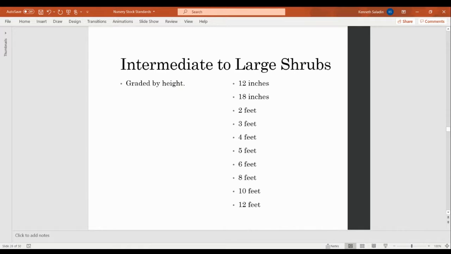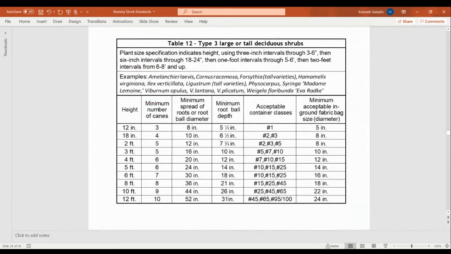The intermediate to large shrubs are going to be graded by their height, and you can see the grading scale there. Okay, here's the table from the standards that shows the different grades for the tall, large deciduous shrubs.